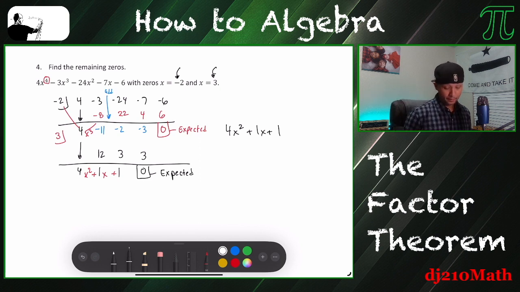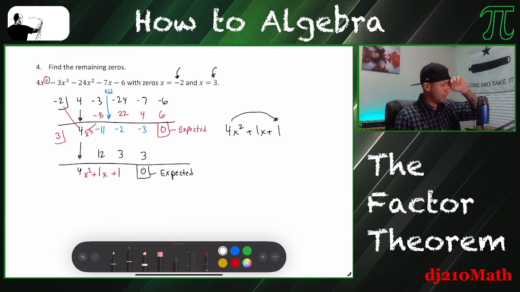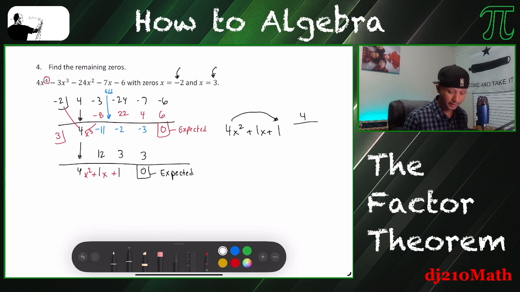Okay, so we want to factor this. Always check to see if you can factor by looking at it. I'm thinking, okay, let's bring the 4 over, because the AC method or slide and divide method, whichever factoring method you like, is going to come in handy right now. So 4 times 1 is 4. Multiples of 4 that add up to 1: 1 and 4, 2 and 2.